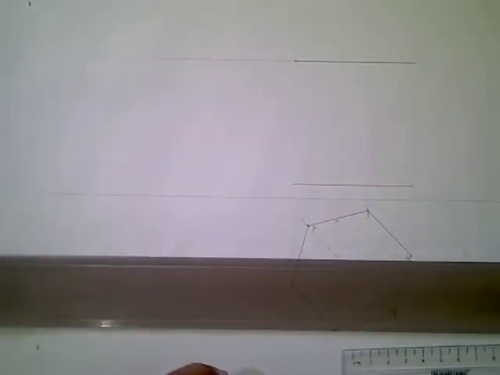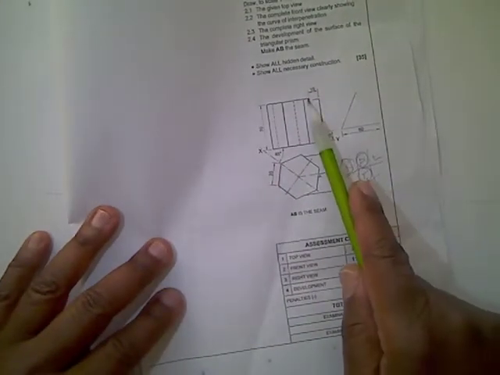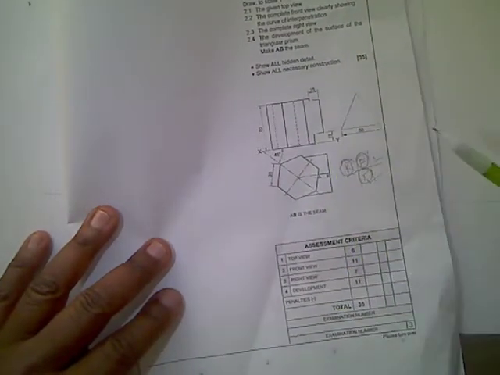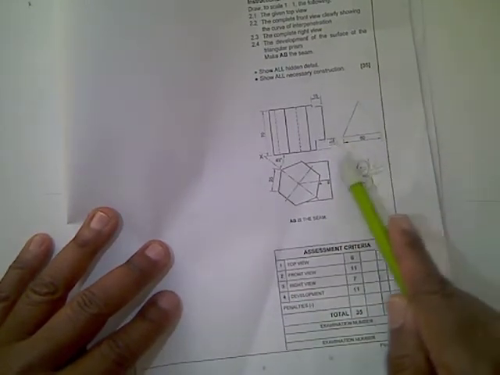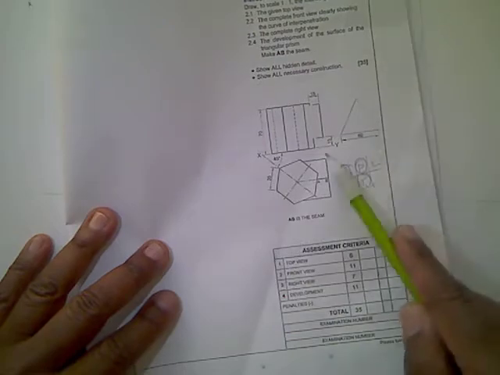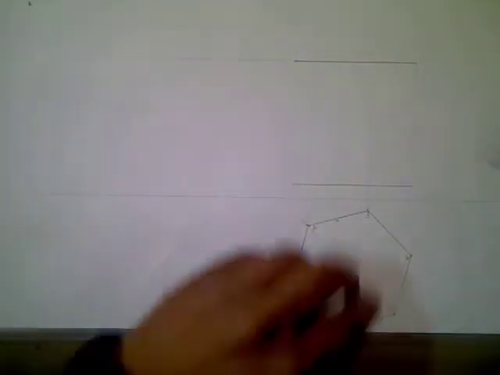Every line that I'm sure of, I make it solid. And then it says here I will have 15 units, and I will have 15 also from the bottom. So that is where I will draw my auxiliary view, 15 away. Let me do that.